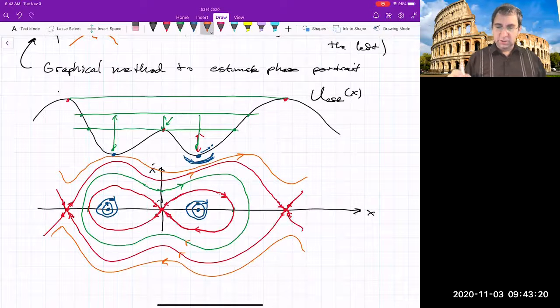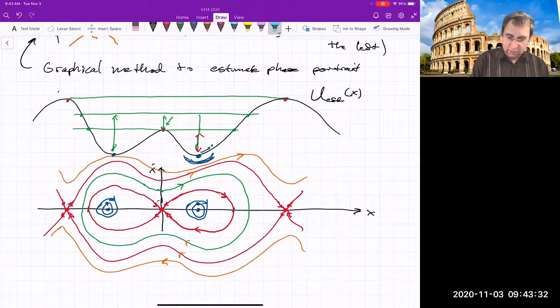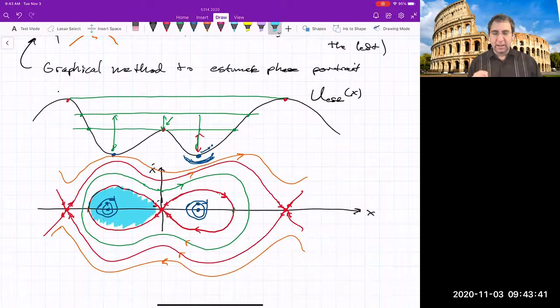And you'll notice we could even start looking at different types of behavior here. If something was oscillating completely in the left well, this is the set of initial conditions that are oscillating only in the left well.